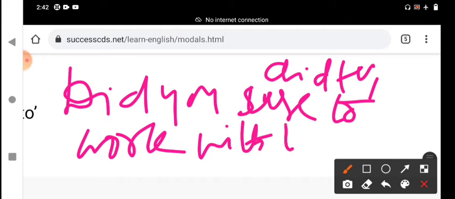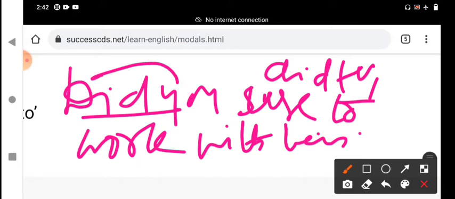Did you? It is an inverted question, a yes or no type question. In a yes or no question, the verb comes before the subject. After the verb, the subject follows. Did you use to work with him? This is an interrogative form.